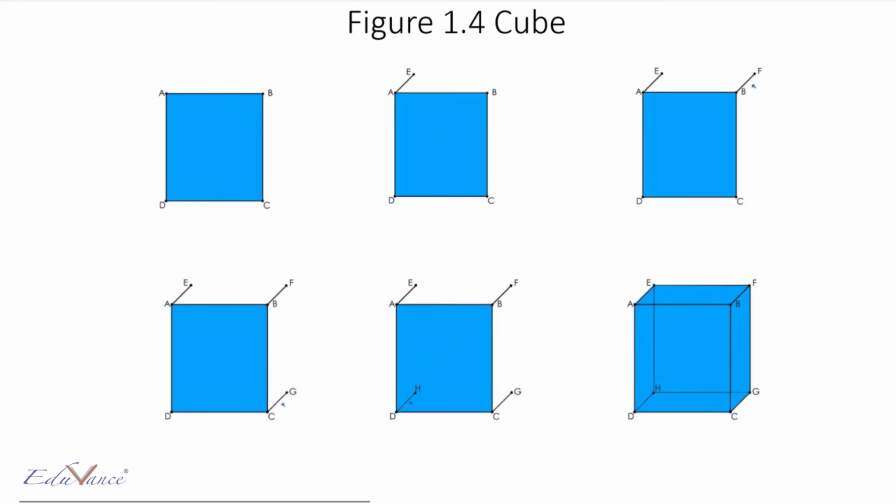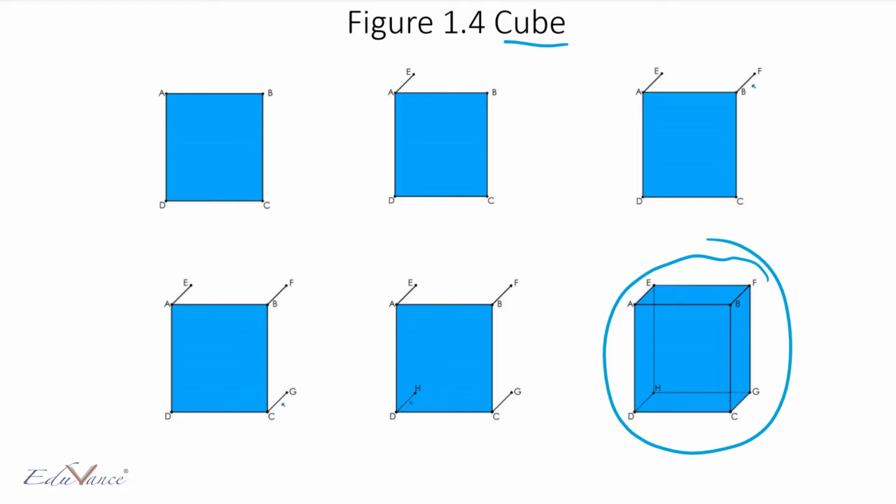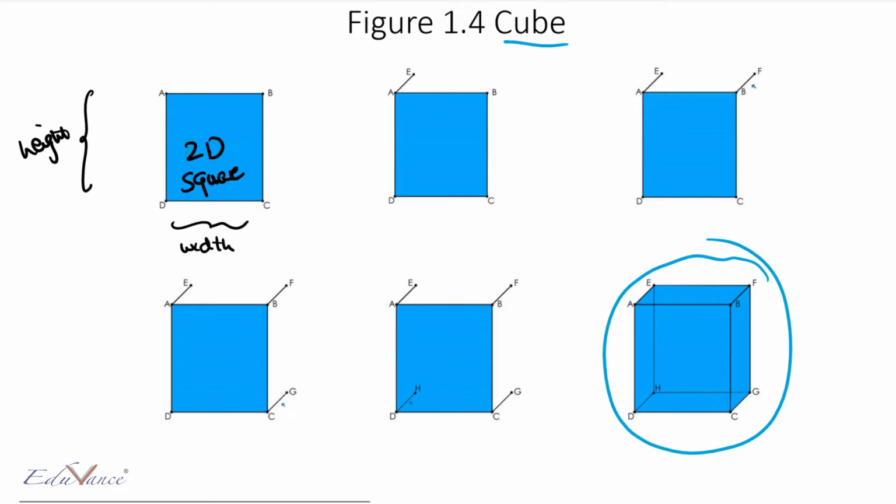So let us assume I want to create the 3D model of a cube. Here I first start off with a 2D image of a square. If you remember when we discussed 2D, you have your height and your width, or you can also call this length.